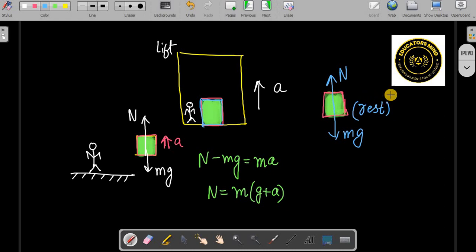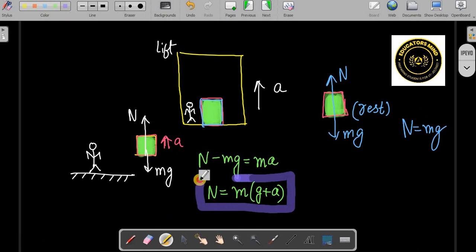Then what will he think? He will think that this normal is equal to mg. He will try to just balance it, and then we see the contradiction happening here. This normal, which is m(g plus a) there, here it is just mg. How is it possible? Right? Because normal is a real force.